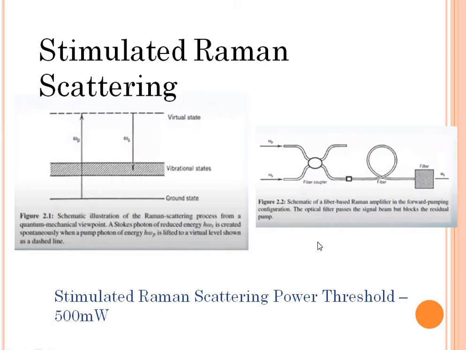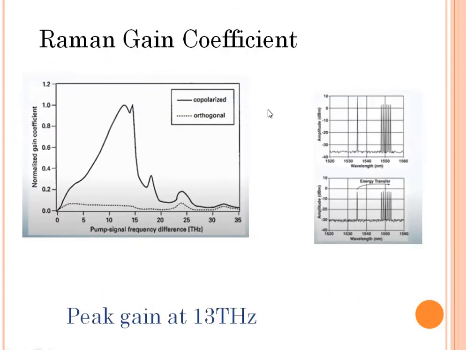The frequency difference between pump power and signal power has to match a certain relationship in order to fully make use of this non-linear effect. This is known as the Raman gain coefficient graph. The horizontal axis is the frequency difference between the pump and the signal, marked in terahertz. The vertical axis is the normalized gain coefficient.